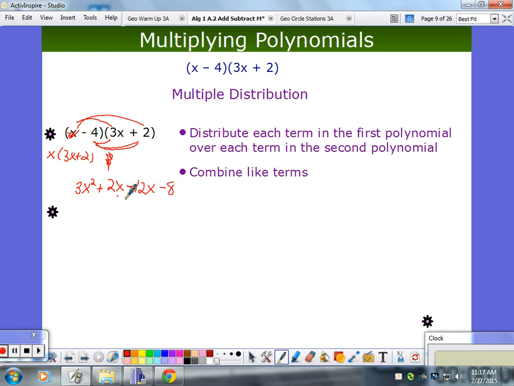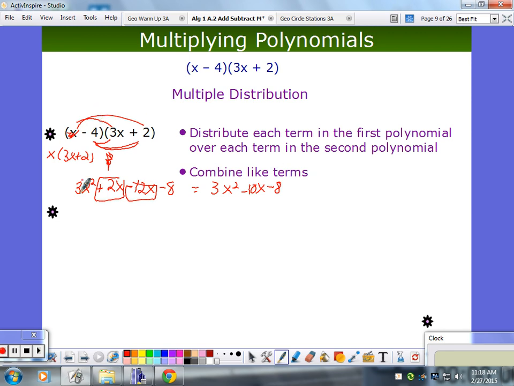Now this is like an add problem. Do I have any like terms? Yeah, look, there's our friend the x's. So that's going to be 3x squared. What do you have? 2 x's minus 12 x's. How many x's? Minus 10. You're done.